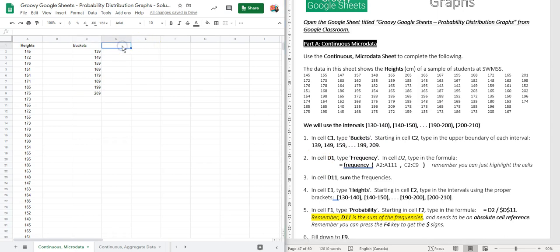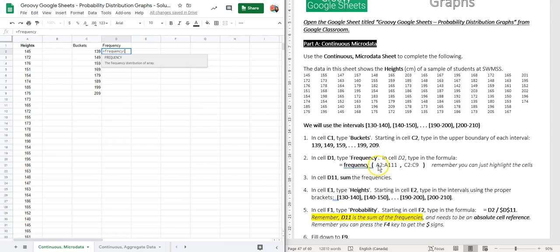In cell D1, we're going to type in frequency. And what we're going to do is let this calculate the frequencies for us, just like we did in the histograms. And the formula for doing that is right here. So we're going to type in equals frequency.